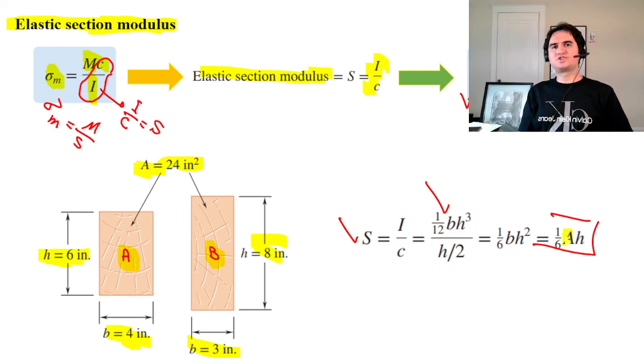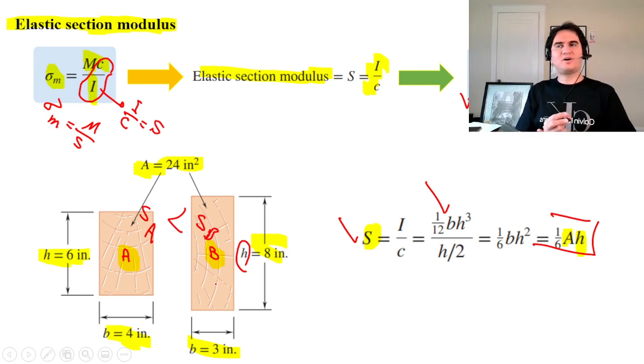The one which has a greater height has a higher section modulus, so definitely S_B is higher than S_A because the height of B is higher. That's how we can play around with the section modulus to go with the design element. Thank you.